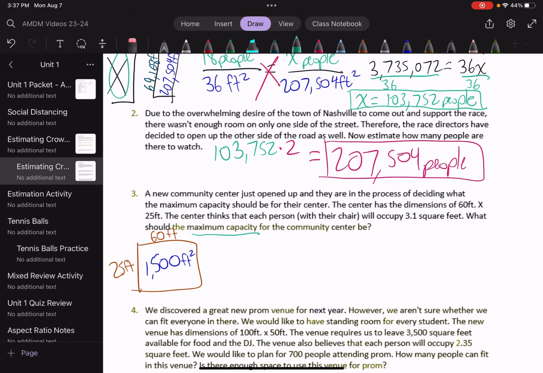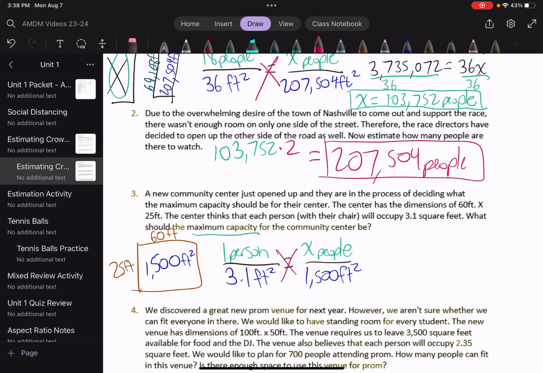Well, according to this, it tells us that each person, so one person, should occupy an area of 3.1 square feet. All right? And I'm going to set that equal to, I don't know how many people can actually occupy the community center. So I've got x people, but I do know that the square footage or the area of that community center is 1,500 feet squared.